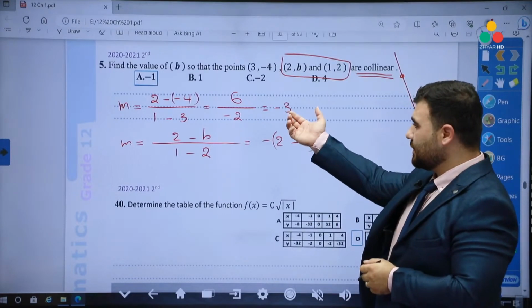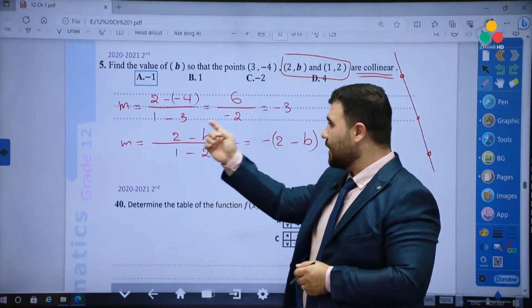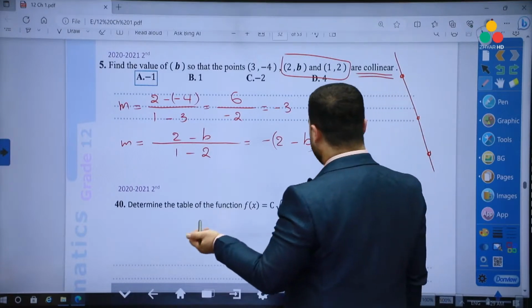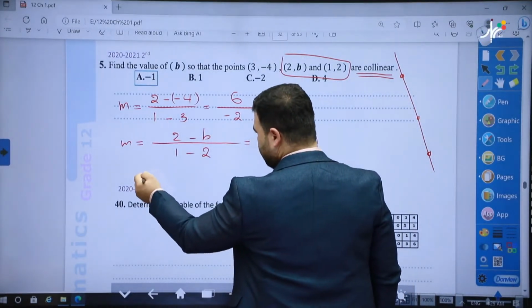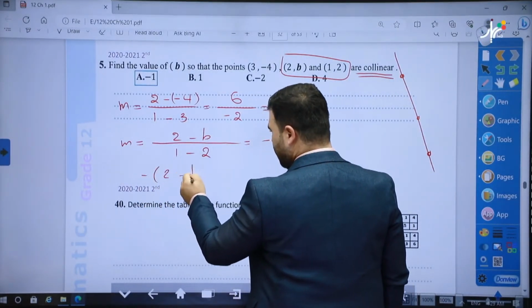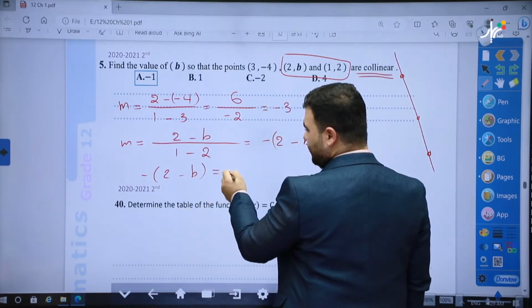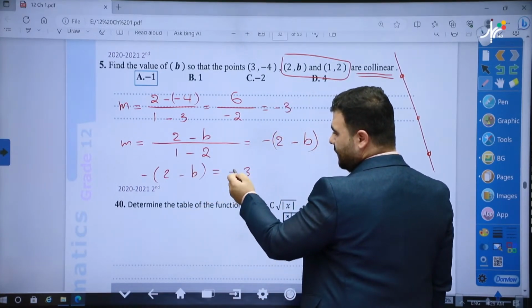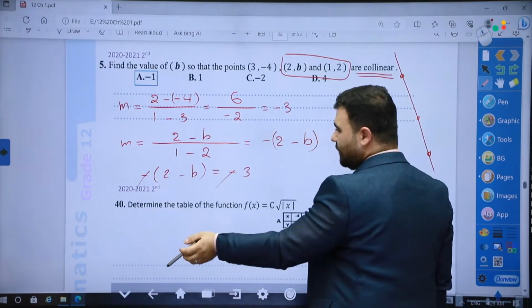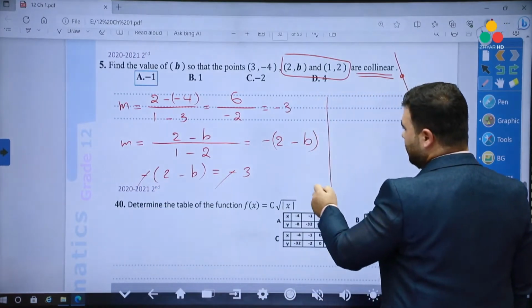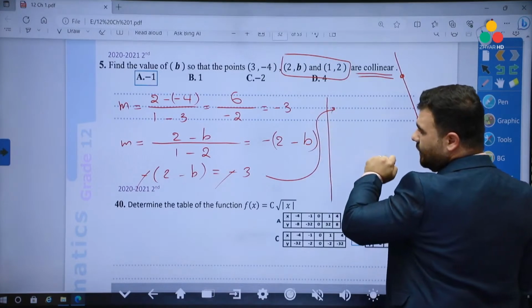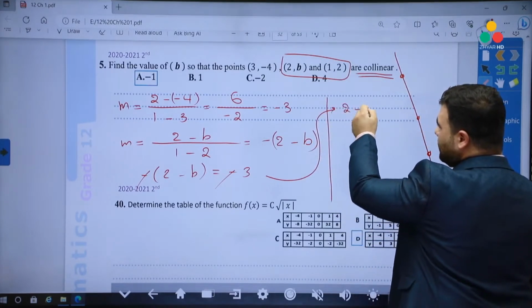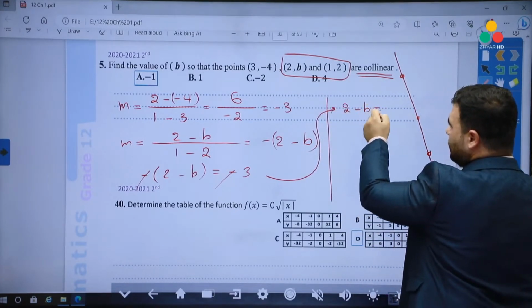And I know the slope is negative 3. So instead of m, I can write negative 3. I have 2 minus b equal to negative 3. Then negative cancels negative. Then we come to this step: 2 minus b, without negative, is equal to 3.